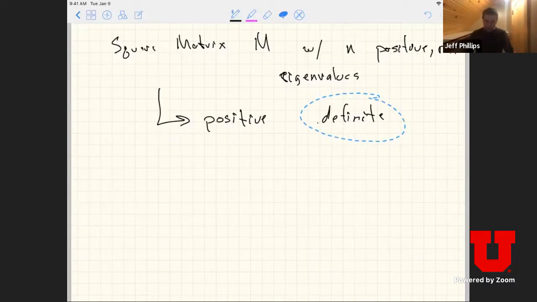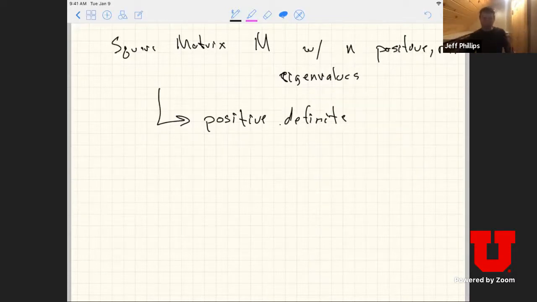So if it has all real and positive eigenvalues and it's square, then this is what's called positive definite. The example we had on M was not positive definite, because on the previous slide one of the eigenvalues was negative.